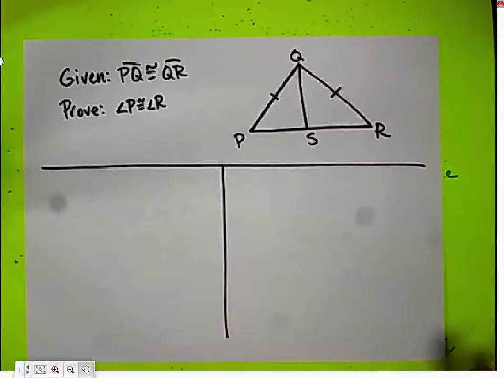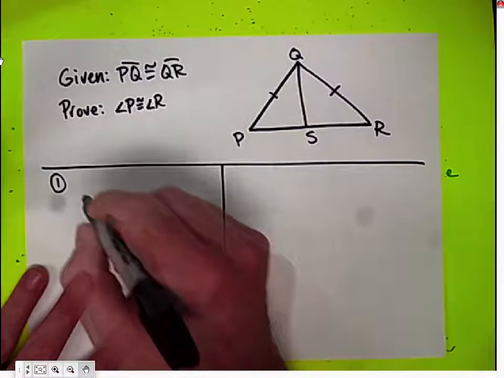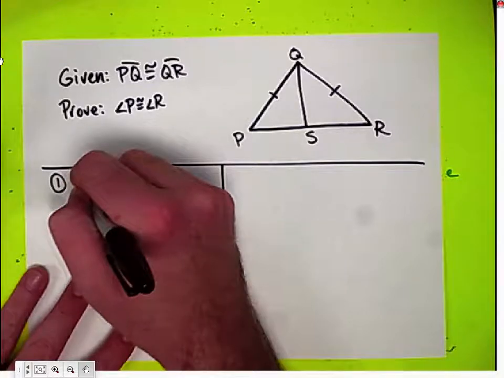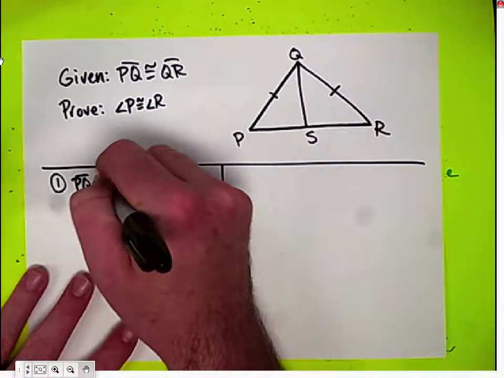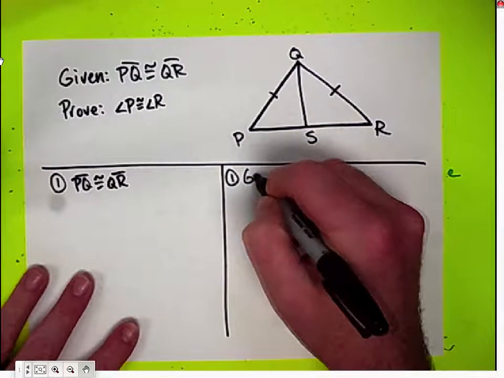Now I divided it into two triangles so that we can use the theorems we've already learned this chapter. But we're really proving something about just the big triangle. So first, just put what we're given. PQ is congruent to QR. And that was given.